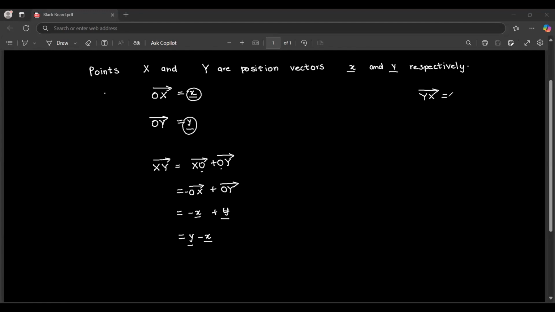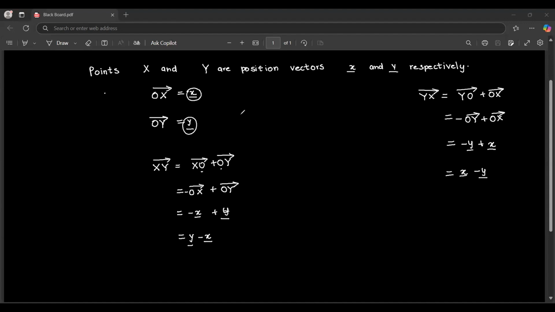Similarly, if I have to write down YX, I know YX is equal to YO plus OX. And YO is equal to minus OY, plus OX. So minus OY is equal to minus y and OX is equal to x. So it will be equal to x minus y.